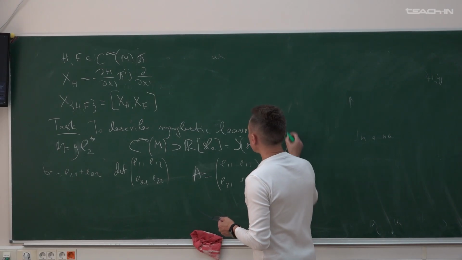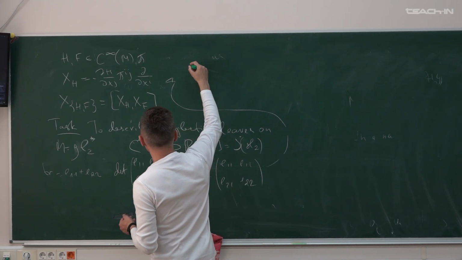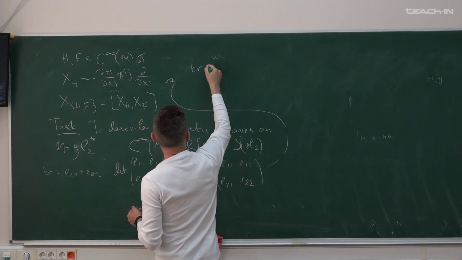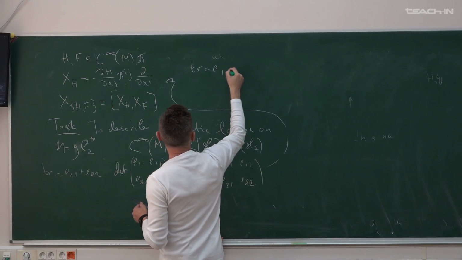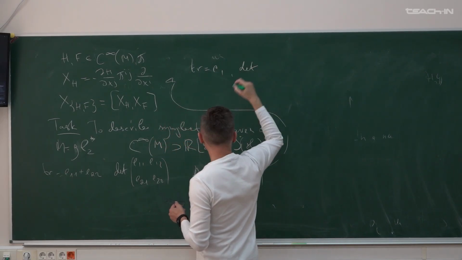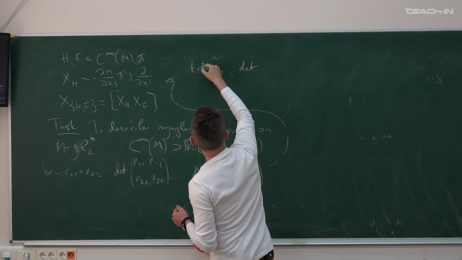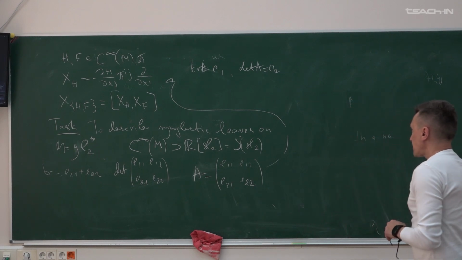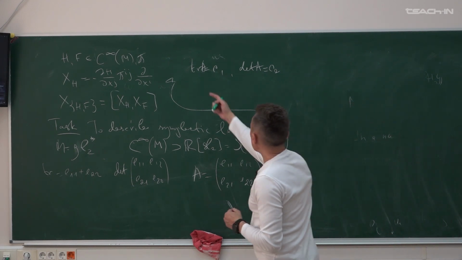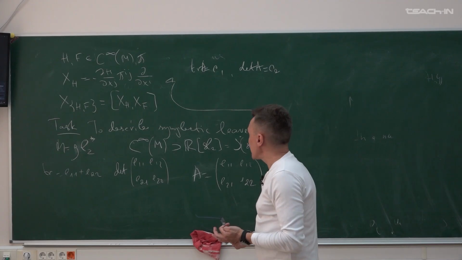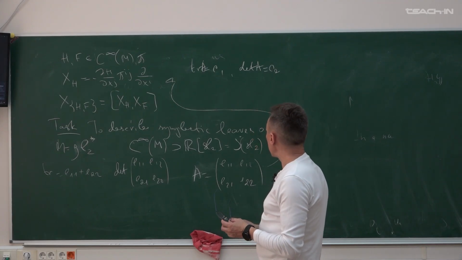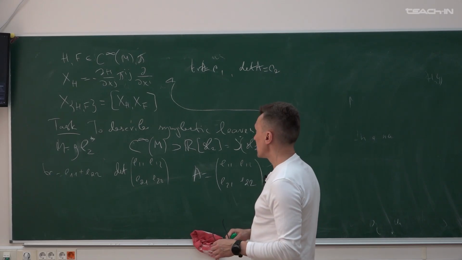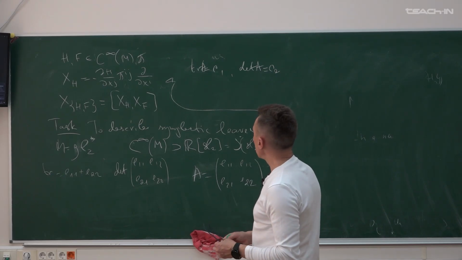And consider the trace as constant C1, and the determinant of this matrix A is constant C2. These conditions define a matrix with fixed eigenvalues. You understand?